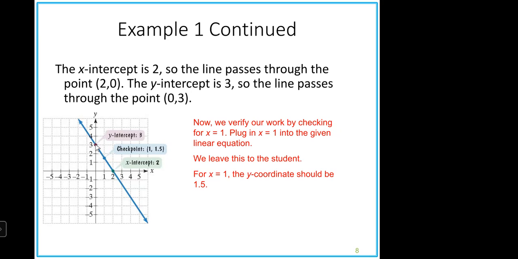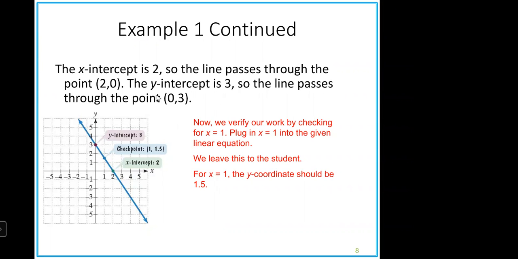Remember, we let x be 0 here, and in this case, we let y be 0. So this is (2, 0), and this is (0, 3). The line passes through these 2 points. So you simply place a ruler along the 2 points after you mark them, and then extend the line outward on either side of the points to get the graph of that line.